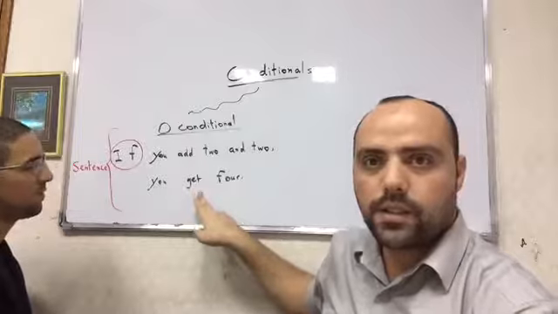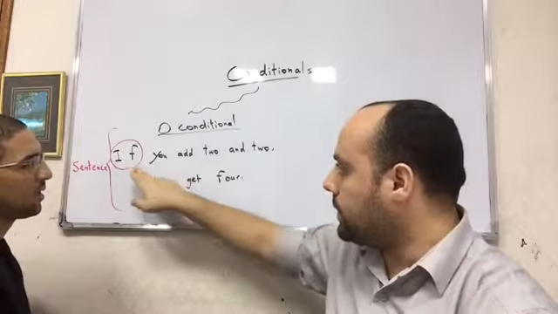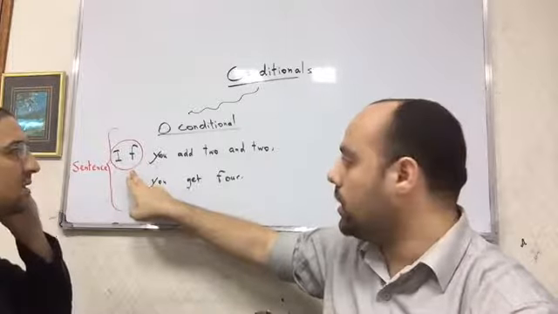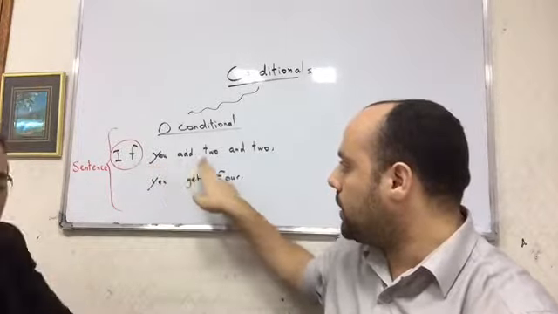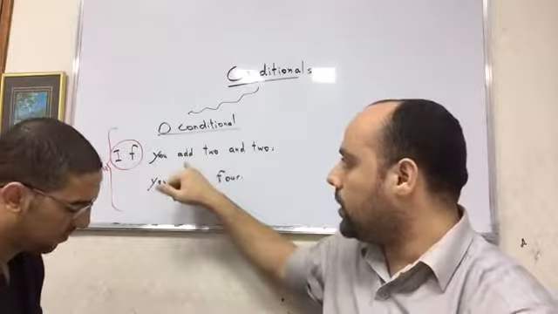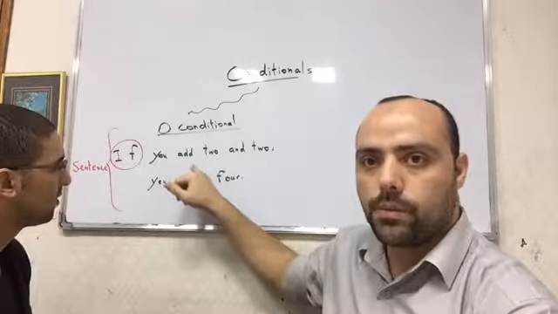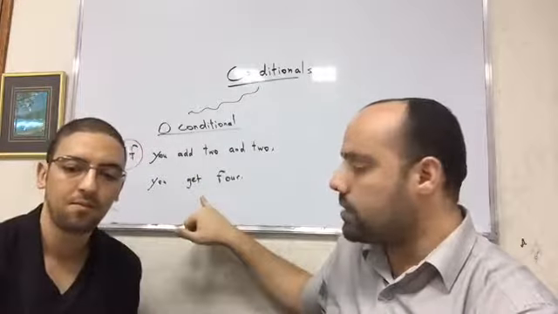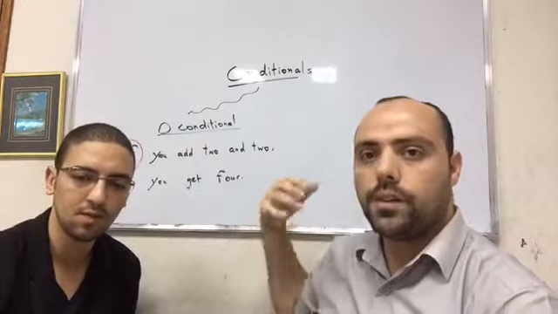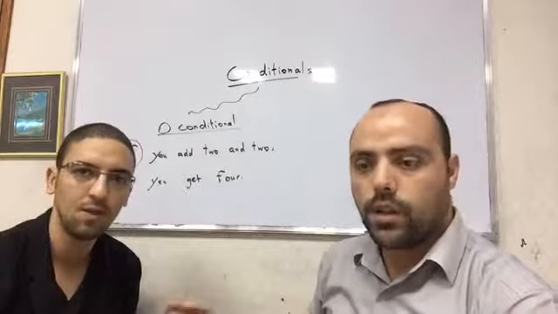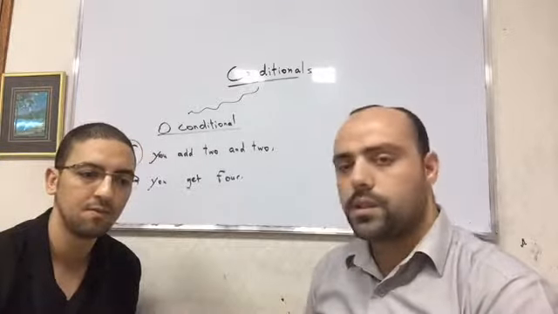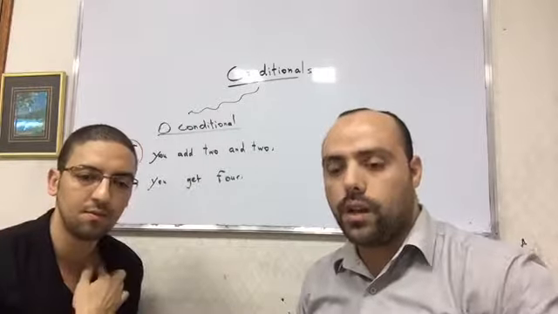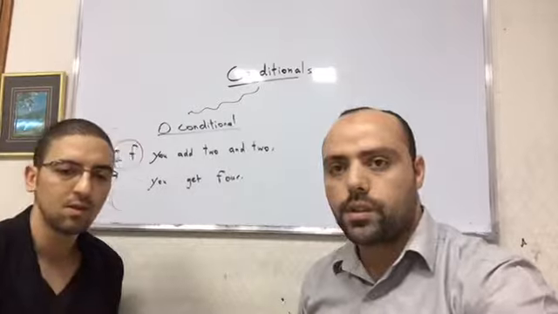Here you have if you add 2 and 2, where you use the present simple, and in the clause giving you the result it is the same, because we mainly use the present simple tense to express facts, and this is one of the uses of the present simple tense.